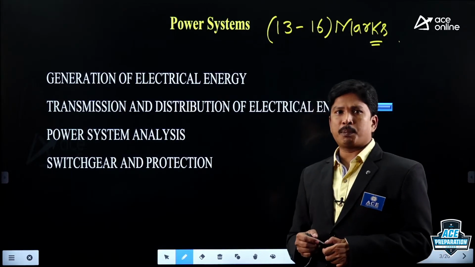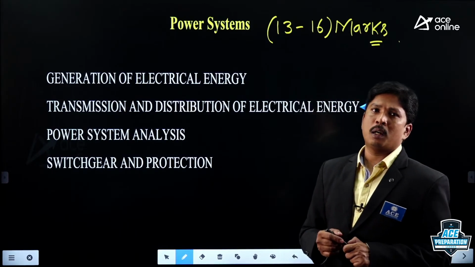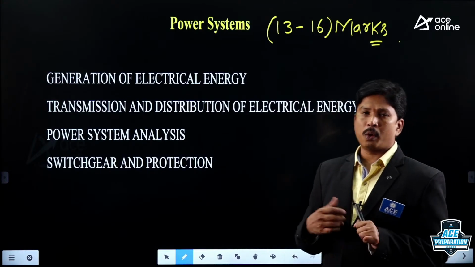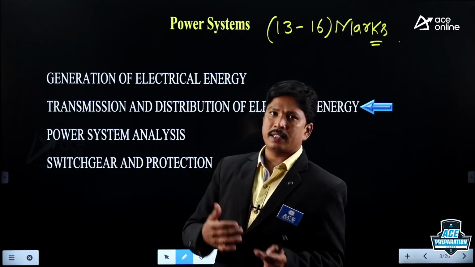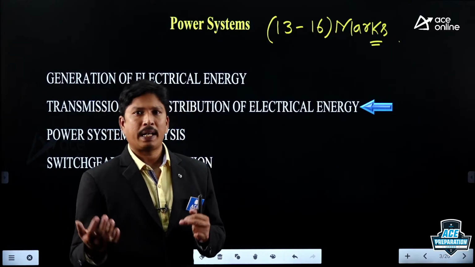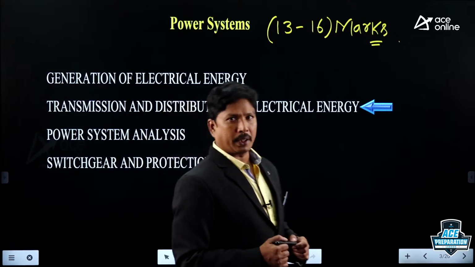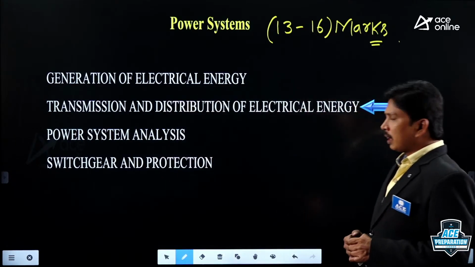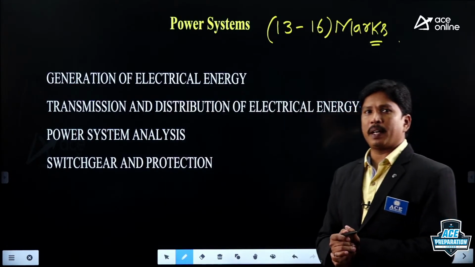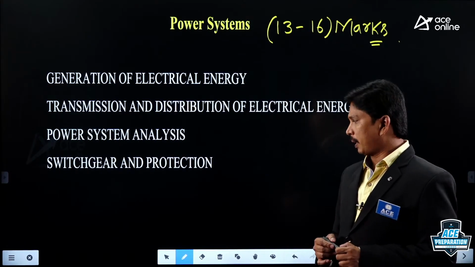And coming to switchgear and protection, we have various protective devices, so overcurrent relaying, distance relays and differential relays. Clear? And we will discuss circuit breakers and relays in the switchgear and protection part.